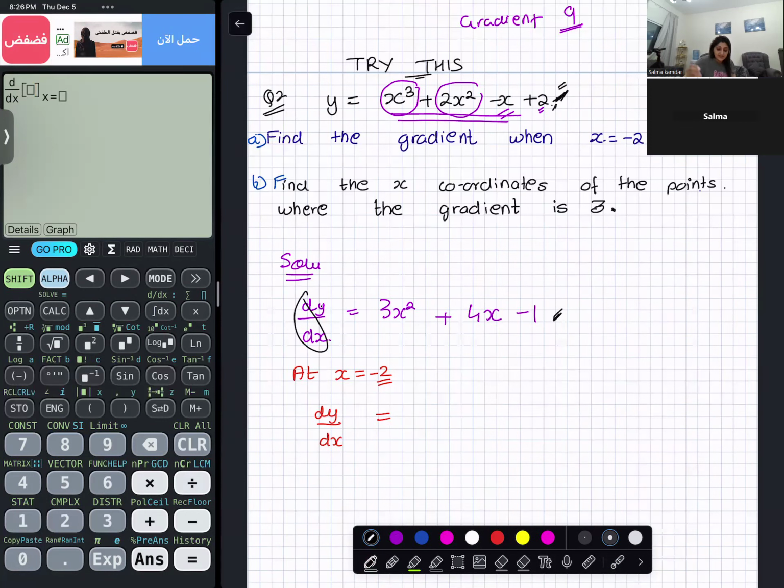So now you put this equation, that is your x cube plus 2x square minus x plus 2, and I need this at x is equal to -2.